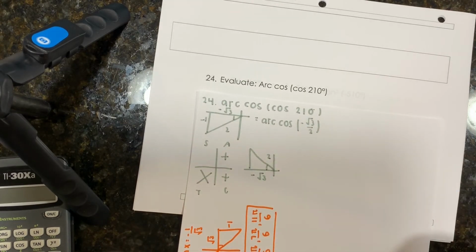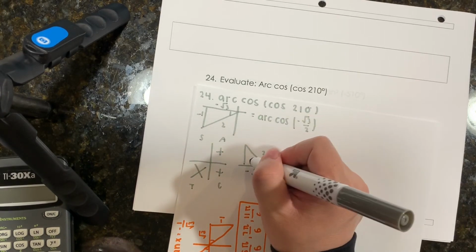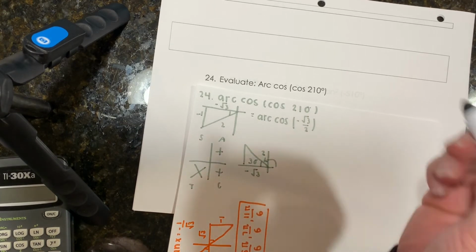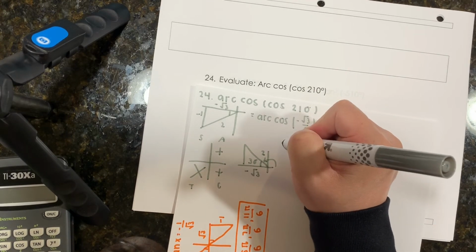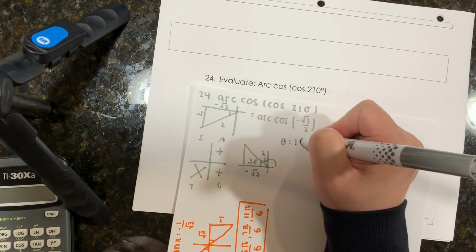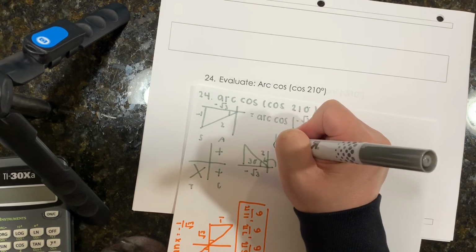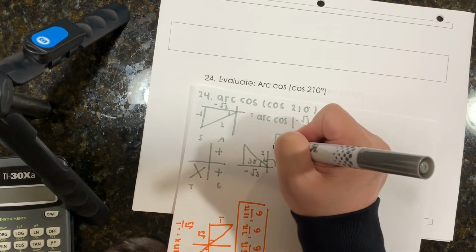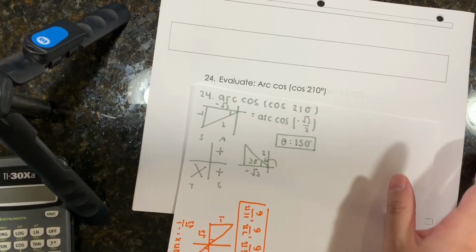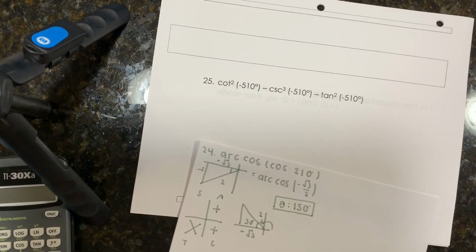You know what this angle is because it's the same one as the triangle we first originally used, which is 30 degrees. But because it's in quadrant 2, we're going to subtract that from 180. So my answer is going to be theta is equal to 150 degrees. So you had to evaluate the parentheses first before you actually evaluated the arc part of the problem.